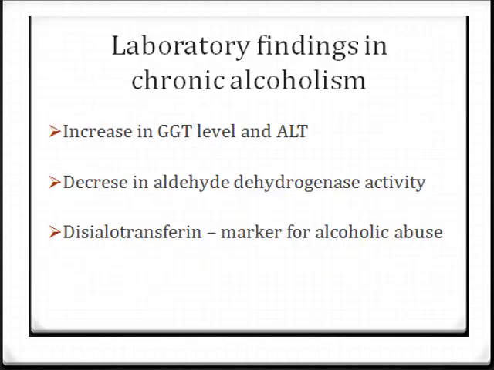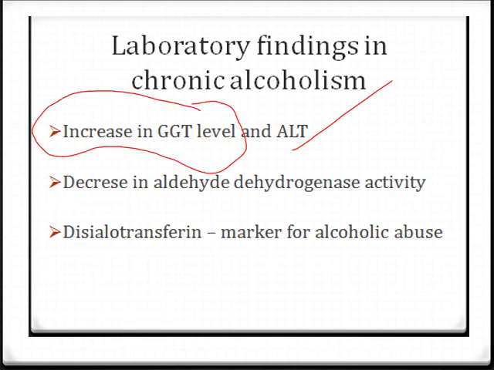Now coming to the laboratory findings in chronic alcoholism. So you know the liver markers, AST, ALT and all. This level, specifically the ALT level, will be very high in alcoholism, and we know a specific marker, GGT, gamma glutamyl transferase enzyme. It is a specific marker for alcohol abuse, and there will be a decrease in aldehyde dehydrogenase activity.